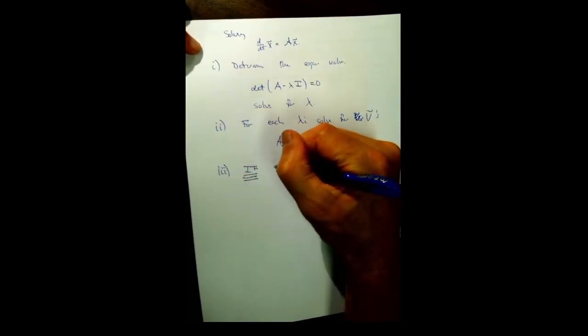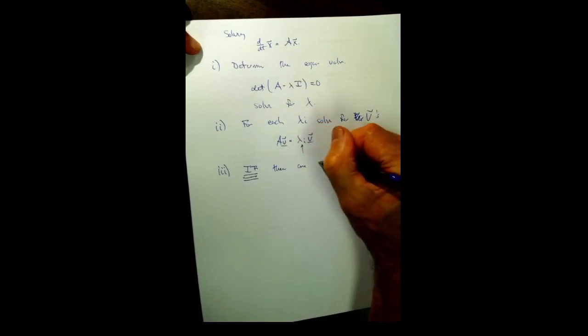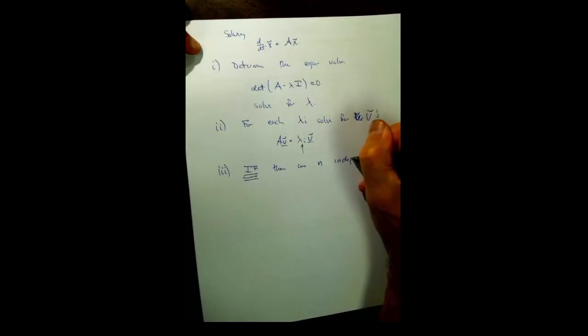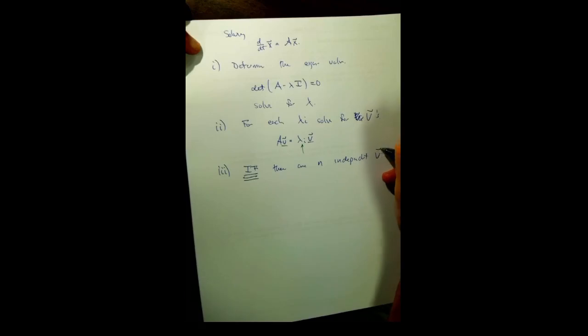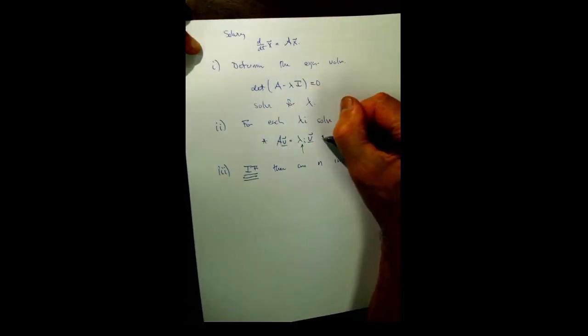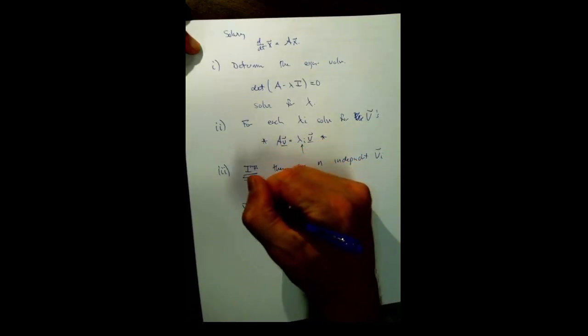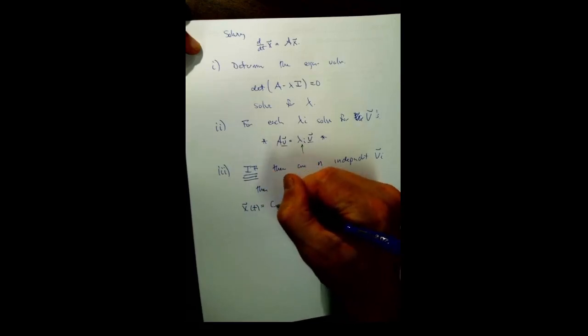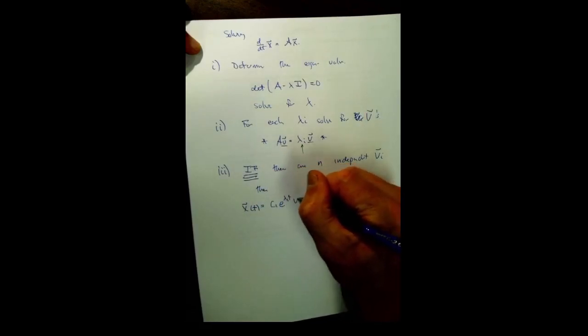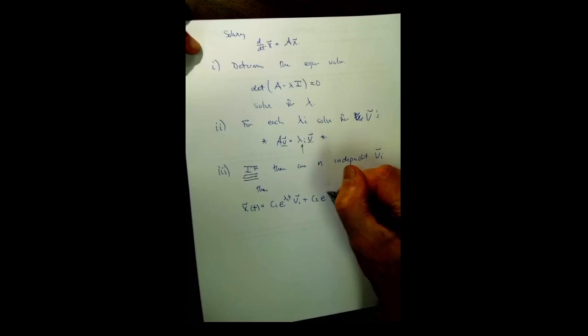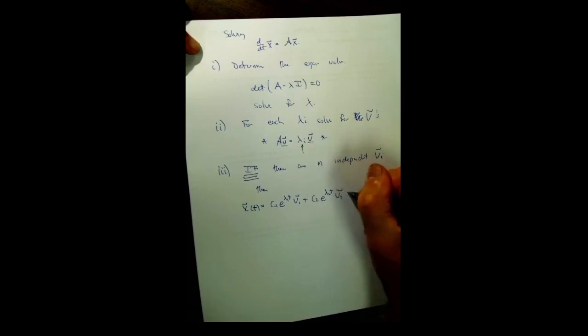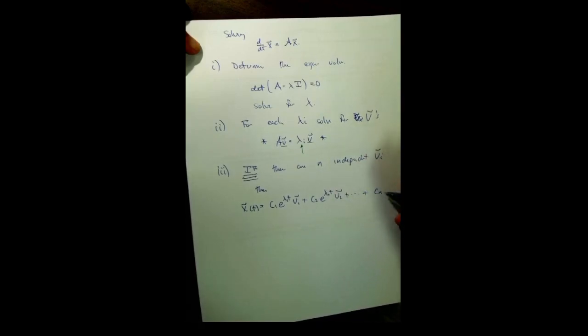we said if we can find n independent vectors v that satisfy this equation, then we can get a solution in the form of C1 e to lambda 1 t v1 plus C2 e to lambda 2 t v2, and continue that all the way out to the last eigenvector.